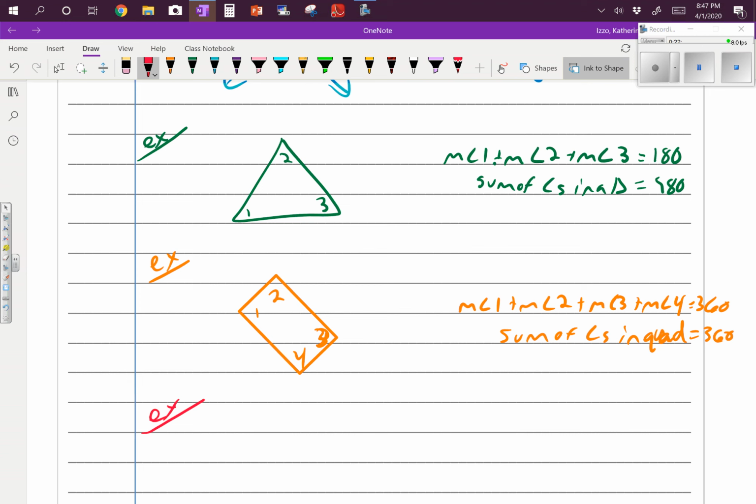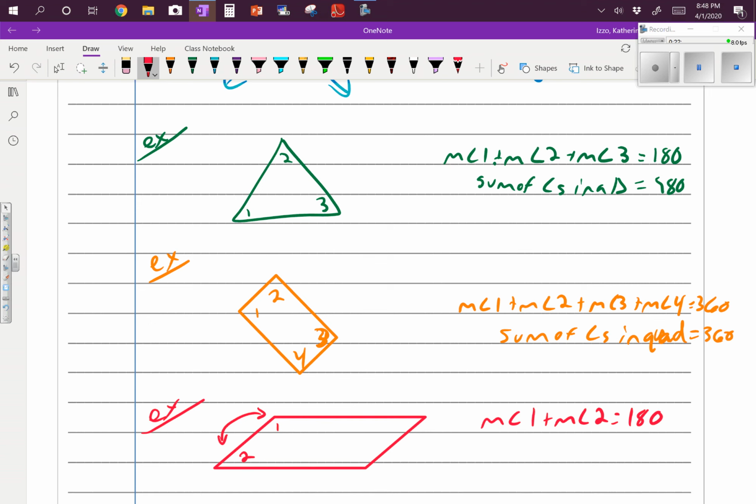These proofs are when you have a nice parallelogram, it tells you it's a parallelogram, then you can say that measure angle 1 plus measure angle 2 have to equal 180, because consecutive angles in a parallelogram sum to 180 degrees. As I say, very rare that we would use this guy.